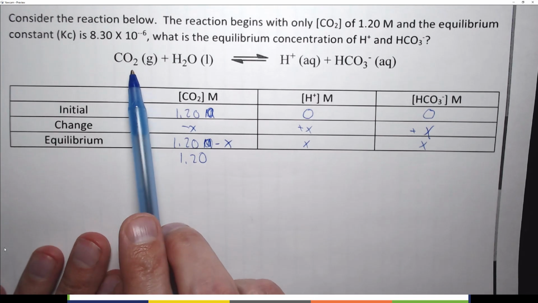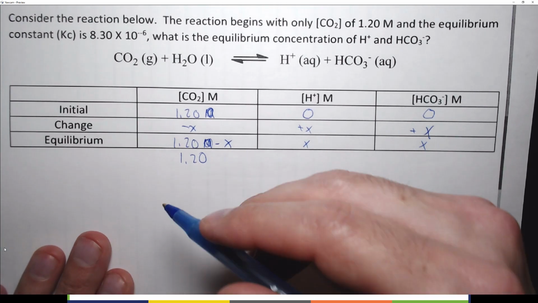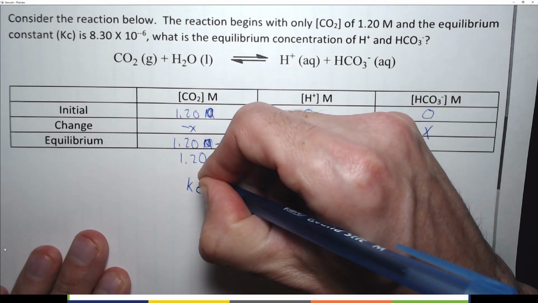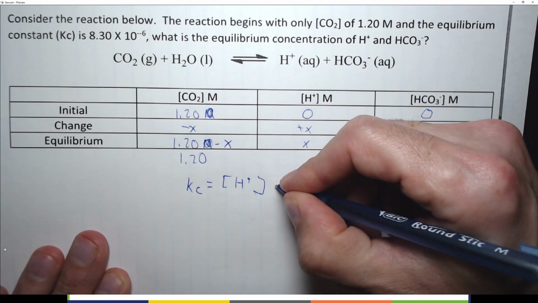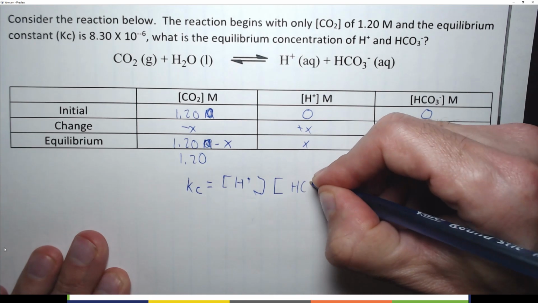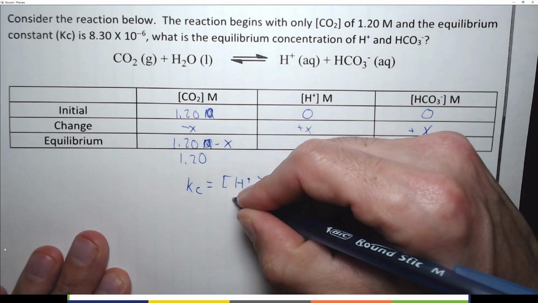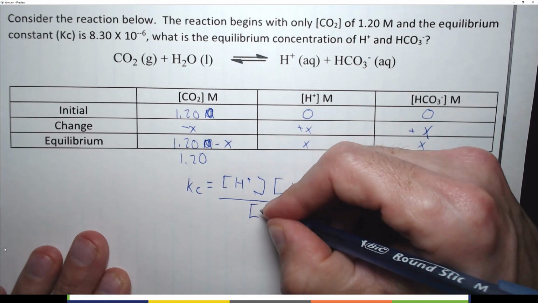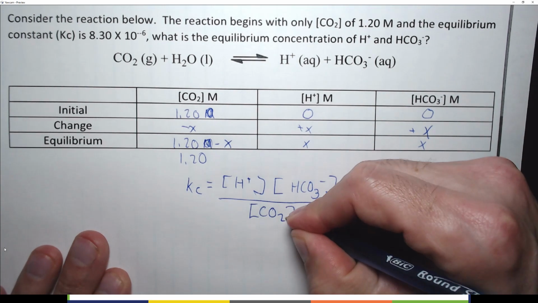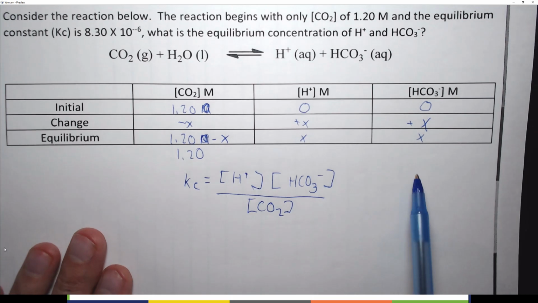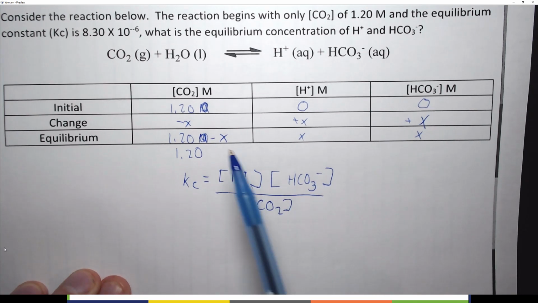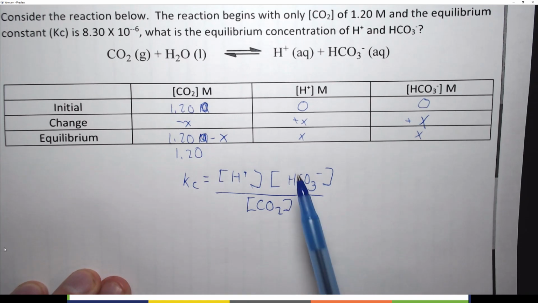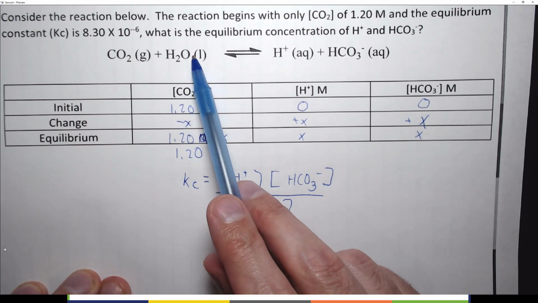So let's take a look at this. We need to write the Kc expression. So Kc equals products over reactants: concentration of H plus times concentration of HCO3 minus over concentration of CO2. Note that water is not in this expression because water is a liquid.